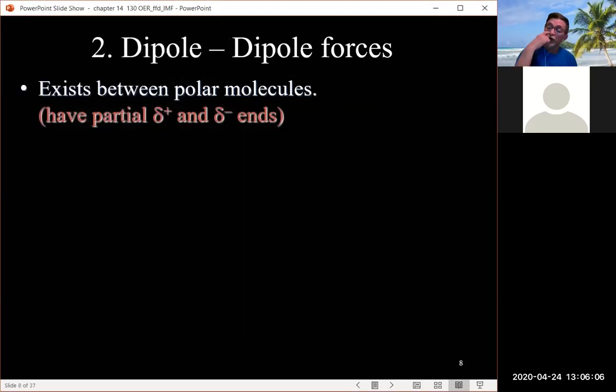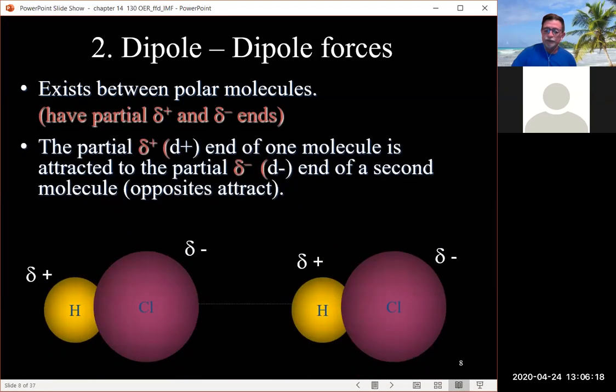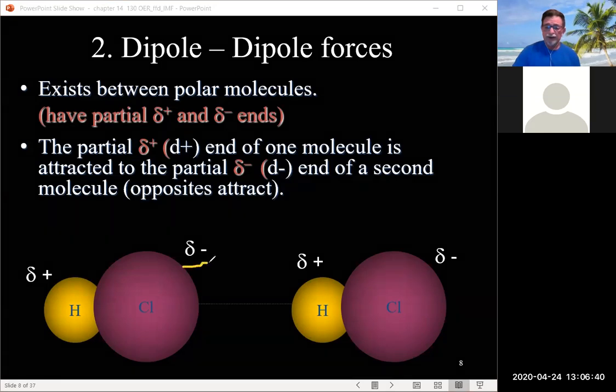Now, with respect to dipole-dipole forces, they exist only between polar molecules. They've got to be polar molecules, okay? And the example I did earlier was hydrochloric acid. Here's a diagram of the model of hydrochloric acid. You got the big old chlorine, high electronegativity relative to hydrogen. It creates a big partial negative in this area.